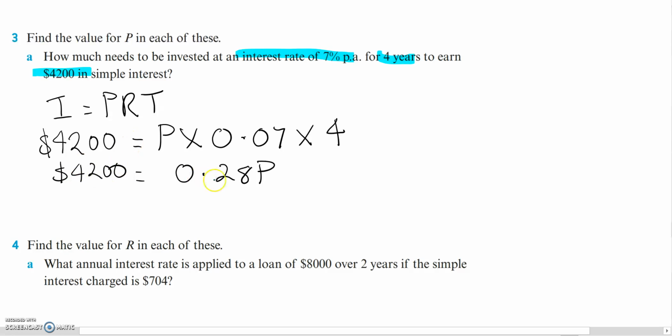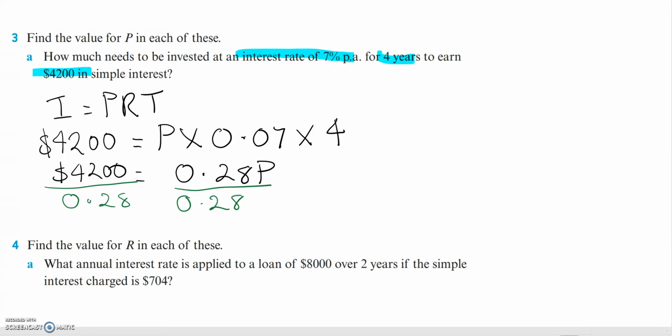Like we did in the last question, we want to get rid of the 0.28. So we're going to divide that by itself, 0.28. And what we do to one side, we must do to the other side as well. 0.28 divided by 0.28 is 1, so that cancels out.